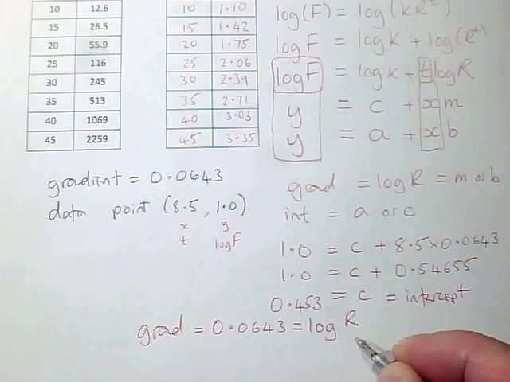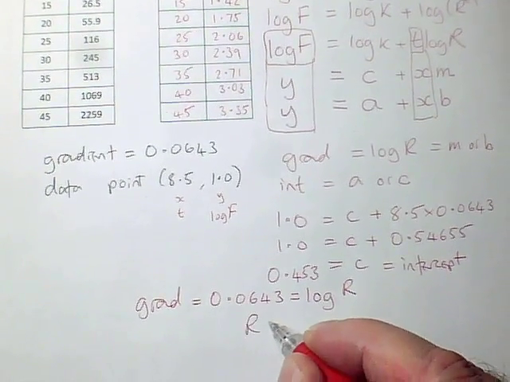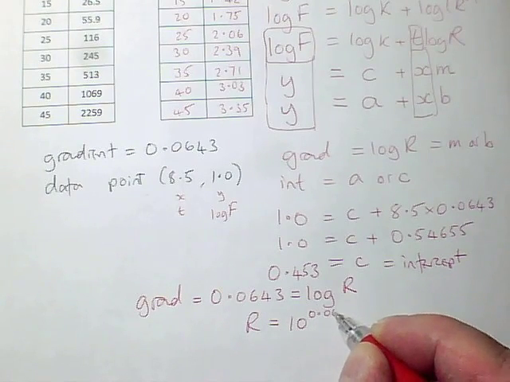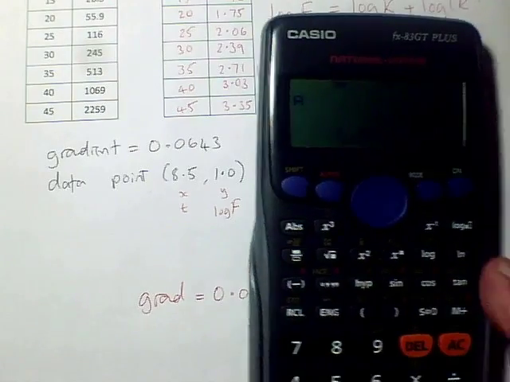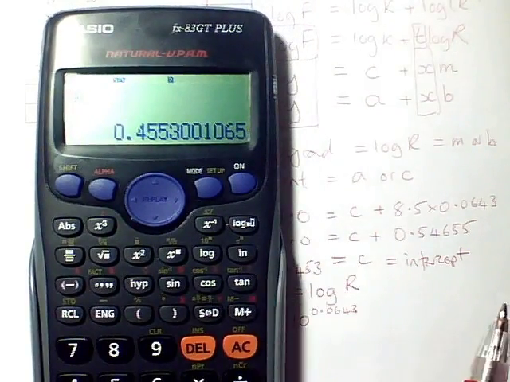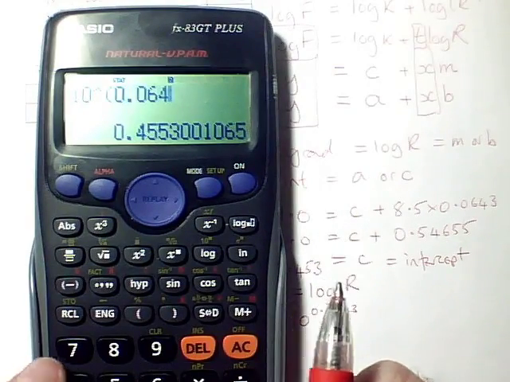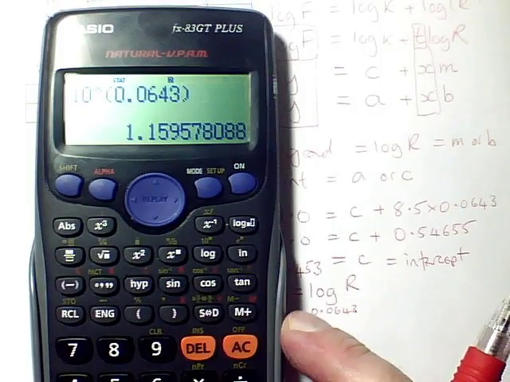And I want to know what this value r is, so I need to undo the log. So r is going to equal 10 to the power of 0.0643. On my trusty calculator, 10 to the power of 0.0643 equals 1.1595.